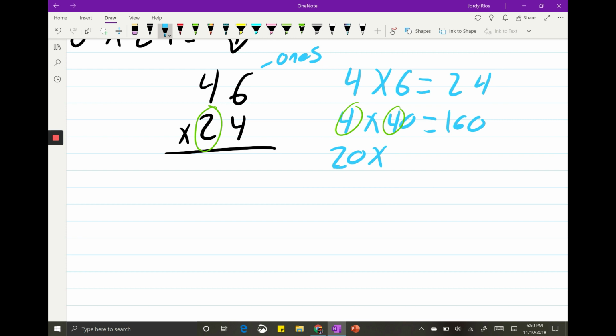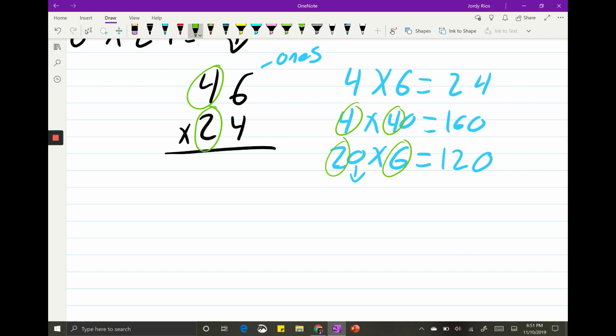So now I'm going to multiply this 20 times 6. And remember, because of power of 10, 2 times 6 is 12, plus how many zeros? 1. 120.